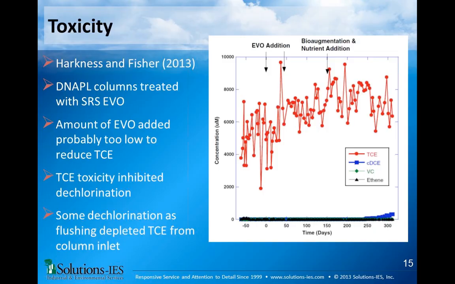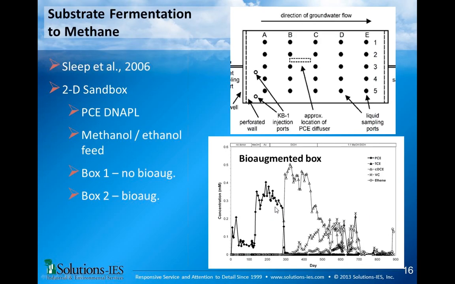Here's a study by Mark Harkness. What they did is he had, again, a column. He saturated it with DNAPL, or at least the inlet of the column with DNAPL, let it drain the DNAPL out so it was at residual saturation, and they injected an emulsified vegetable oil from SRS.